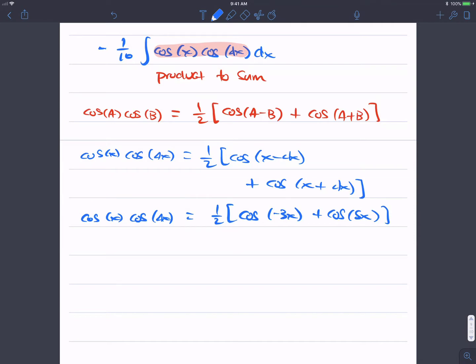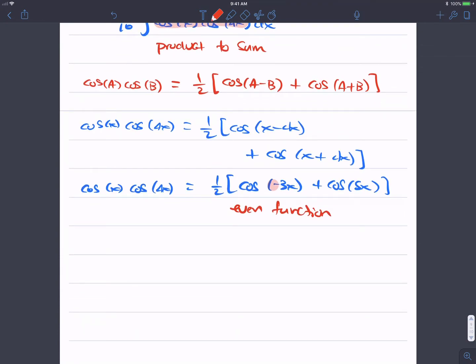And you're going to have to remember another idea here from trig. This is cosine of minus 3x. Cosine is a nice even function. What that means is I could replace this with simply cosine of 3x.